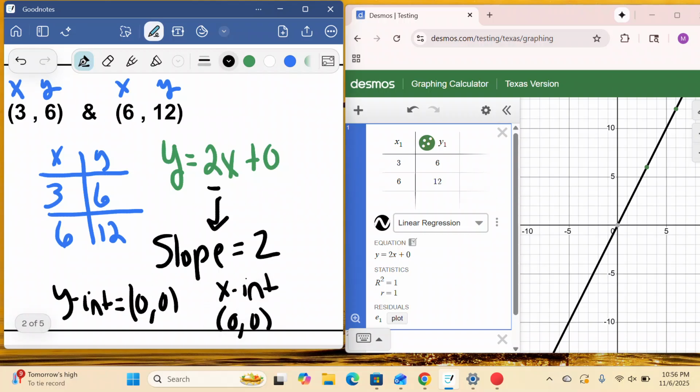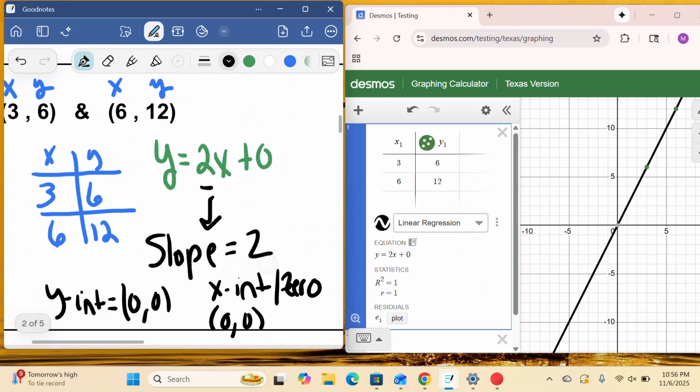But that is also called a zero. So automatically, just by understanding that you can put it in this format, Desmos pops out the answer, and how much work did it do? How much work did you do? Practically nothing. You just have to understand what is x-intercept, what is y-intercept, what is slope, and what is y equals mx plus b.